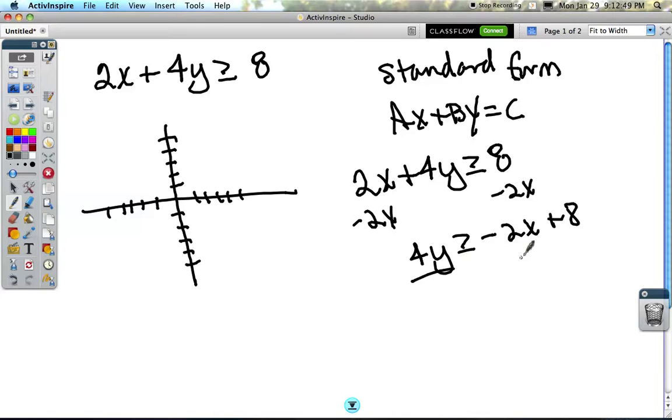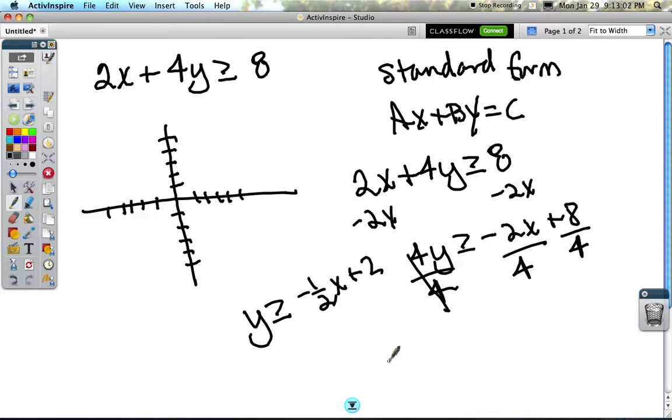Divide by 4. So that would give me y is greater than or equal to negative 1/2 x plus 2. And I can graph it from that. Okay? So you're just solving for y. You're getting y by itself.